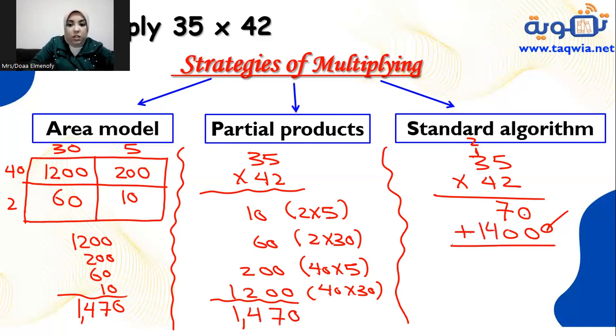So let's add. 0 plus 0 equals 0, 7 plus 0 equals 7, and here 4, and bring down 1. So it's the same answer, 1,470. So here we have the three strategies that we can use to multiply any two numbers, okay?